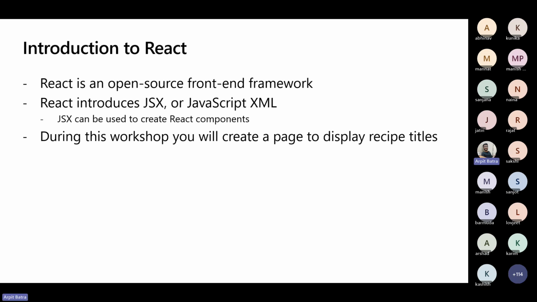Second, React introduces JSX, or JavaScript XML. JSX can be used to create React components. And the last one is, during this workshop, you will create a page to display recipe titles.